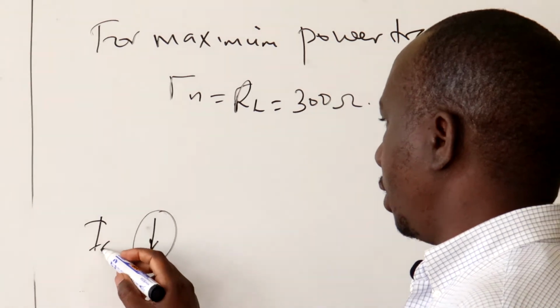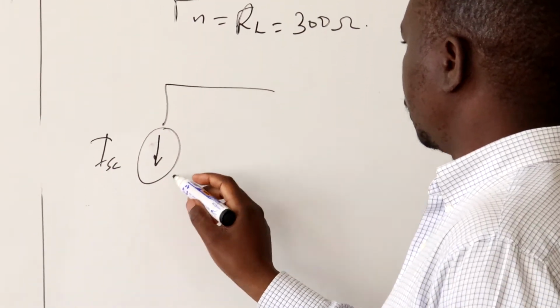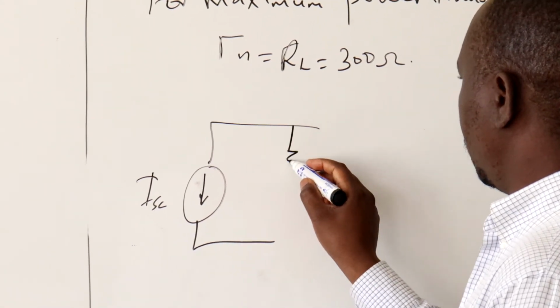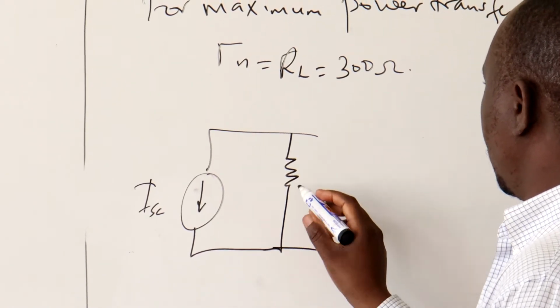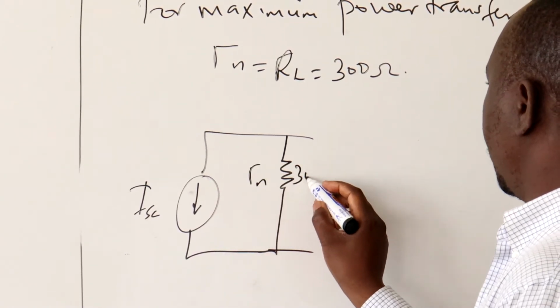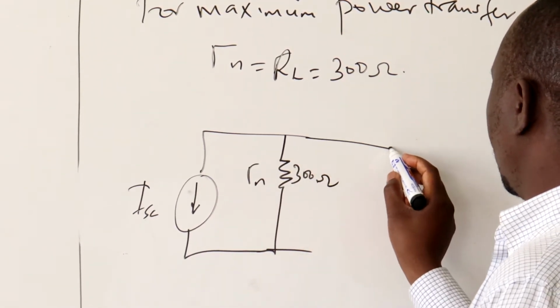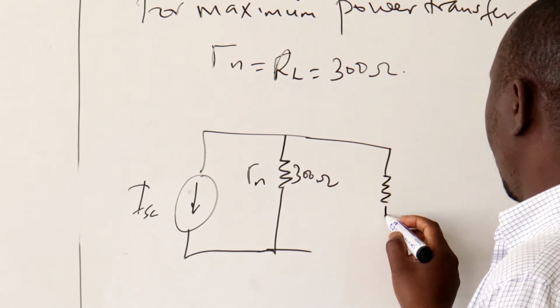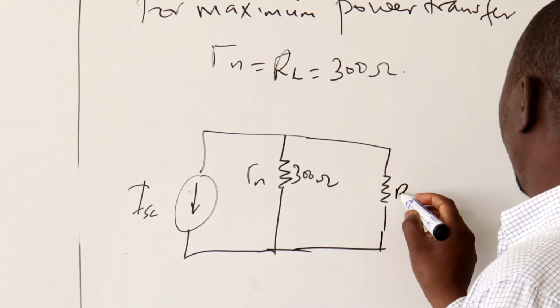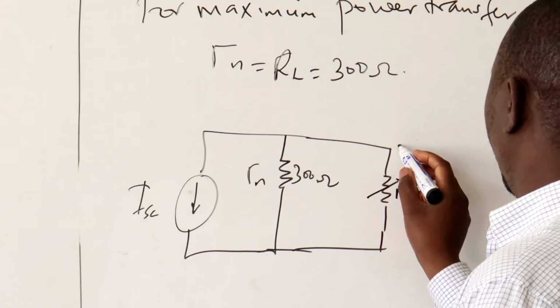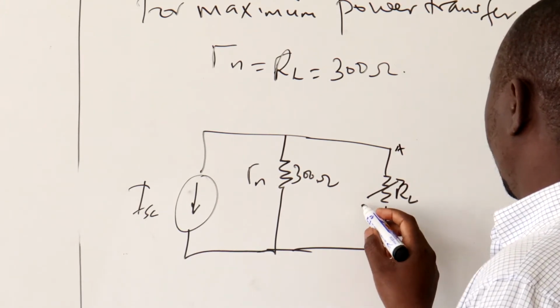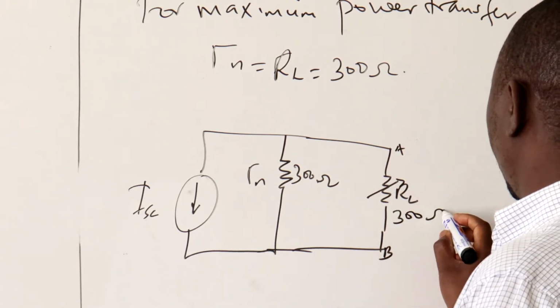This becomes our I of SC. This becomes our R of N, which is 300 ohms. And this becomes our R of L now, which is the variable across the terminals AB, as 300 ohms.